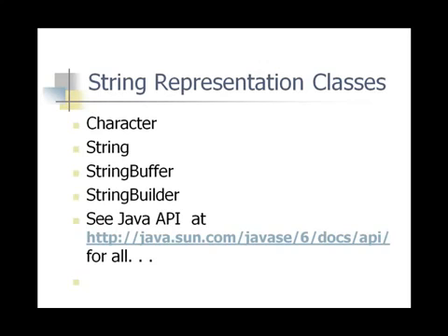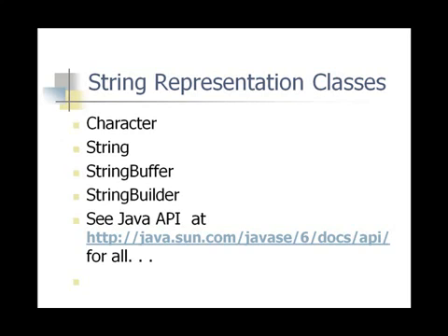Let's start off and have a brief understanding of what type of classes in Java represent characters or sequences of characters. First is the Character class, uppercase C. We also have the char primitive type. We have the String class, which is what we'll probably be using most of currently.